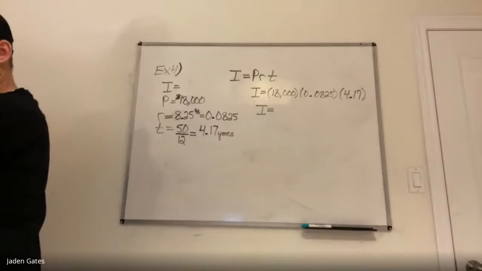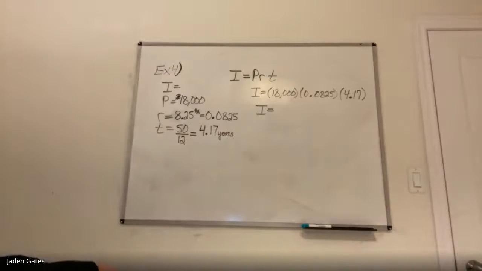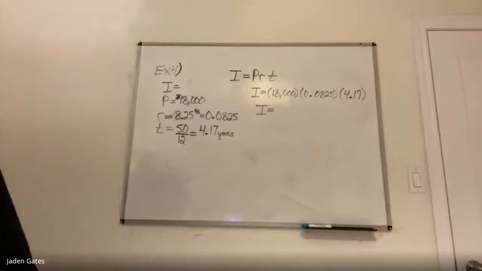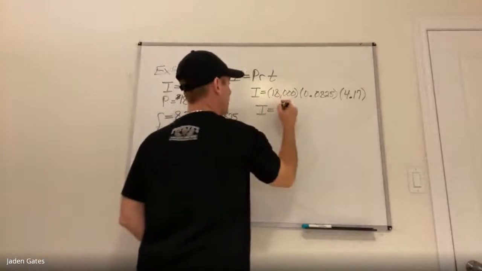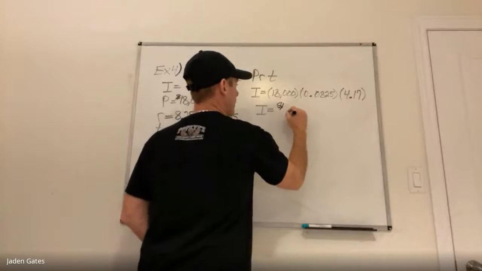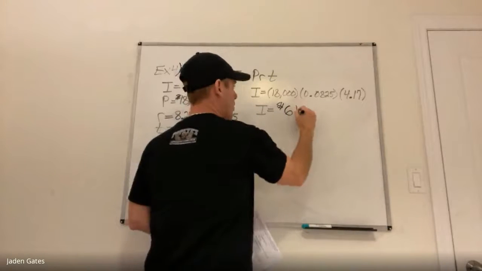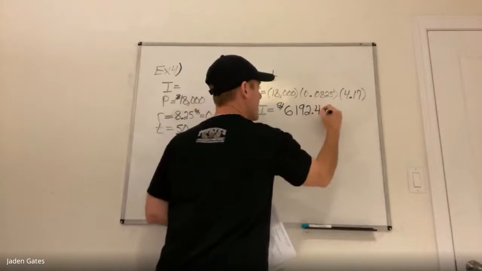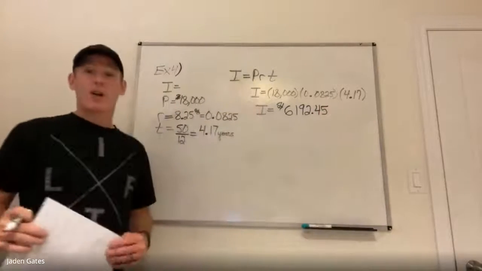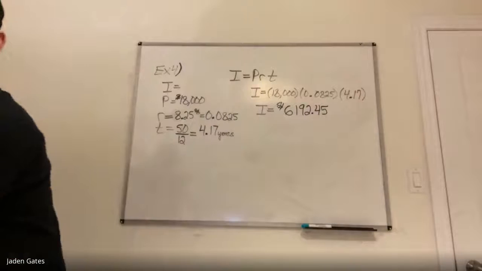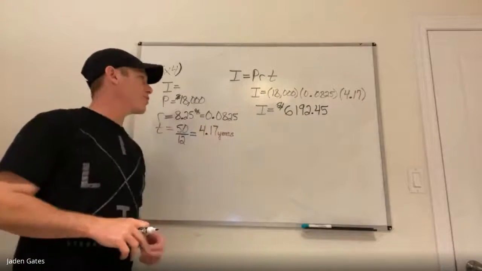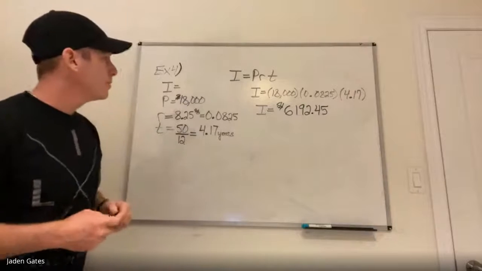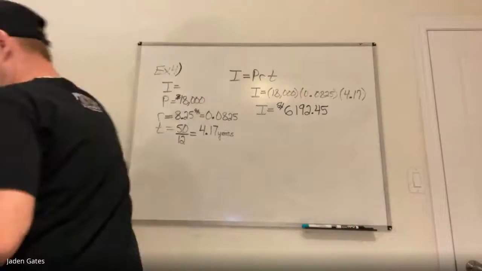Whoa, she is going to have to pay $6,192.45. So that's on top of the $18,000. So that's how much interest is accumulated in just 4.17 years. All right. A lot of money.